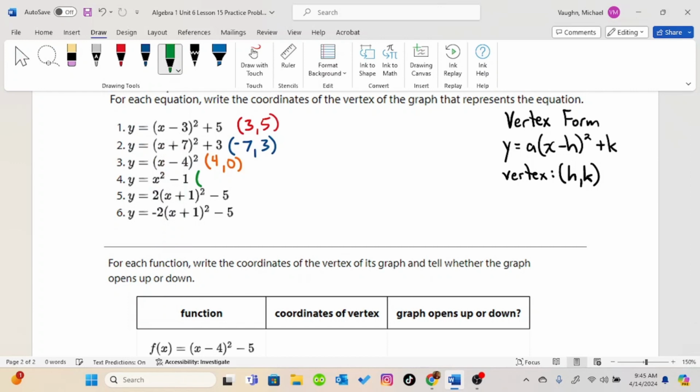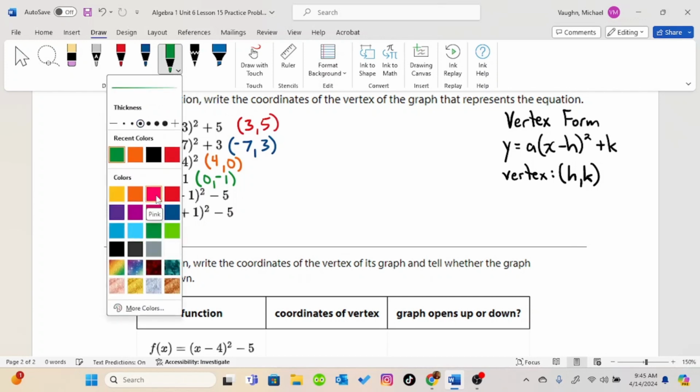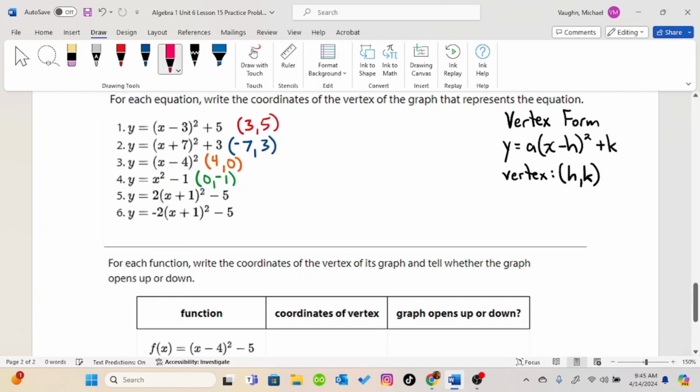We have minus h, which would be 0, plus k, which would be negative 1. Number 5.